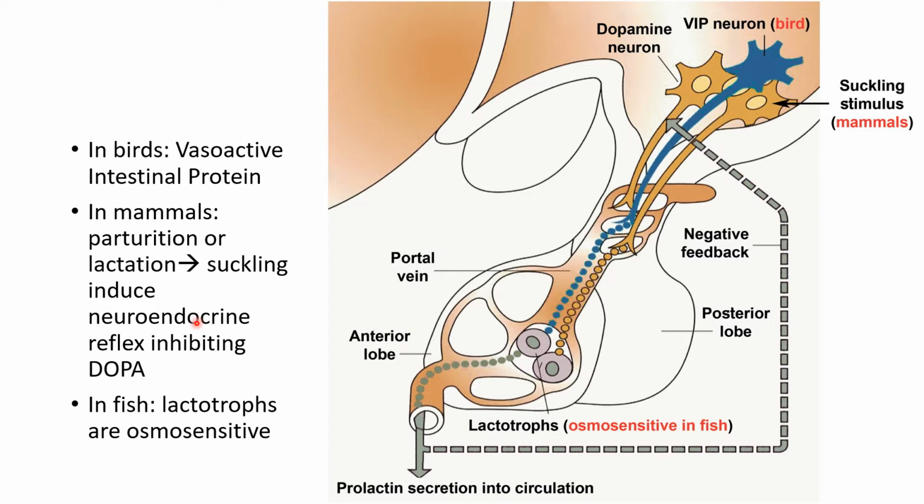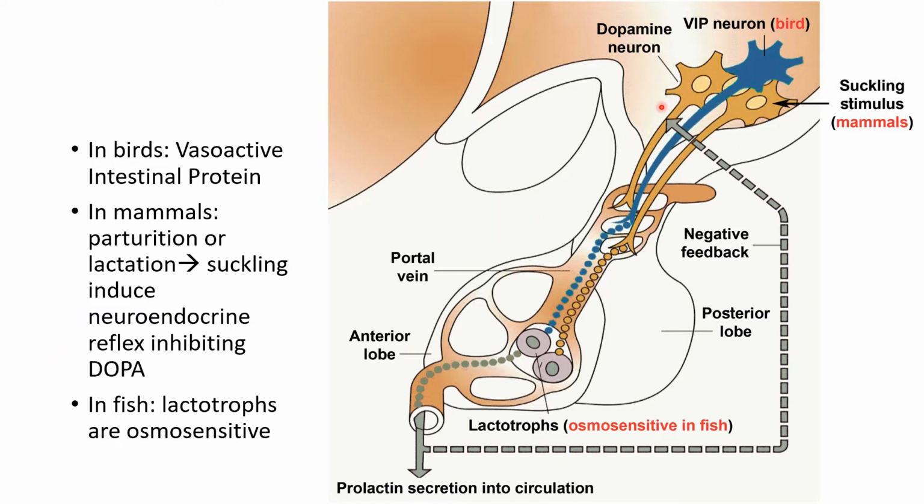So as previously mentioned, the secretory and inhibitory regulation of prolactin is confusing or dodgy. In birds, it is said to be your vasoactive intestinal peptide. In mammals, it is said that during parturition and lactation, primarily the suckling of the teats of the dam, there is a neuroendocrine reflex that inhibits dopamine.